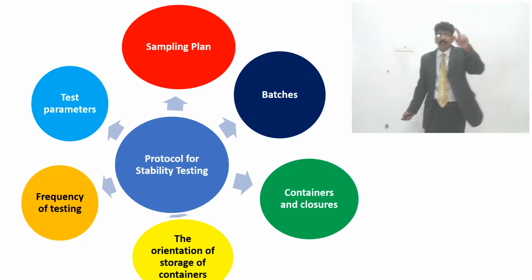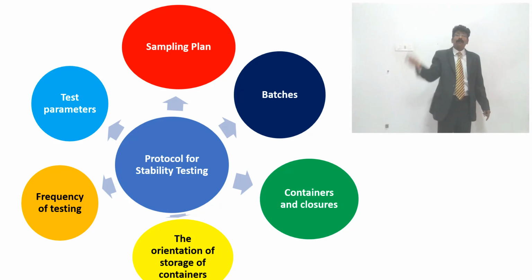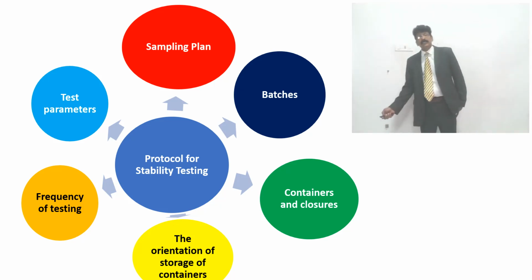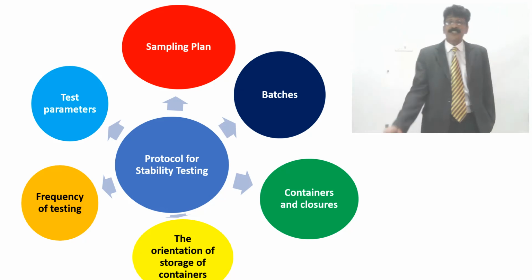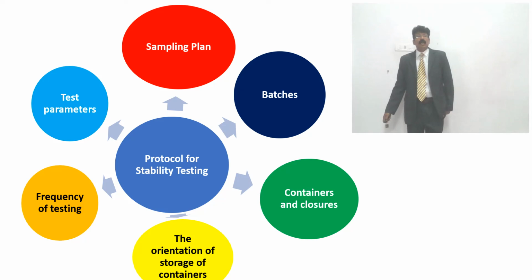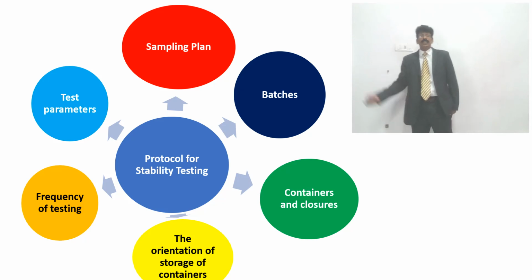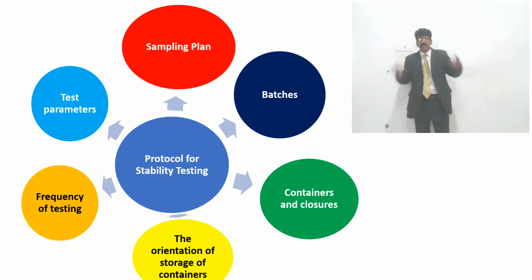So this is what we have to see: batches, sampling, planning, containers and closures, the orientation of the storage of containers, the frequency of testing and test parameters. Let's go into detail about these topics in the protocol of stability testing.